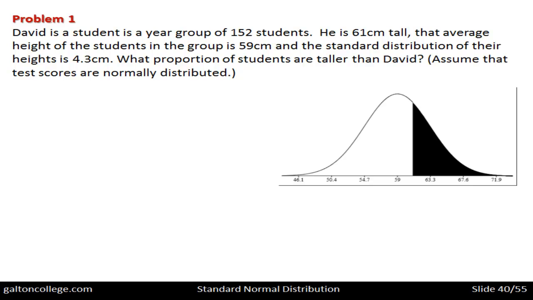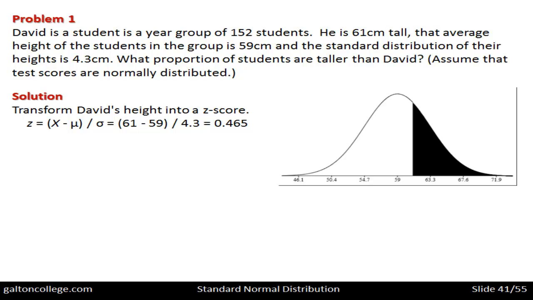If you fold the curve over on 59, it'll fall upon itself. We know that David is 61 centimeters tall, and we know that the standard deviation is 4.3 centimeters. So the solution: transform David's height into a z-score.